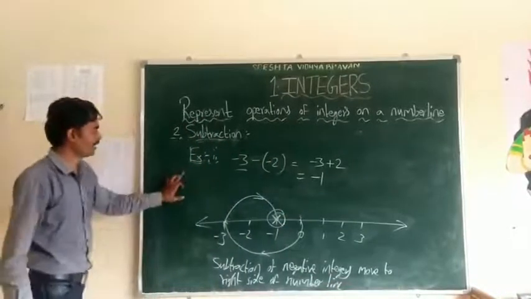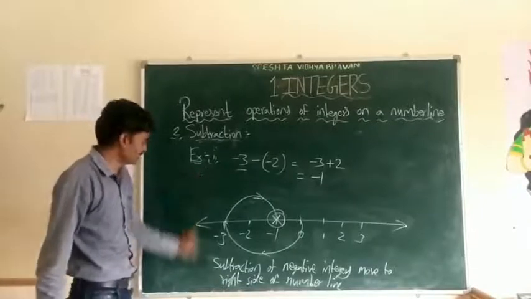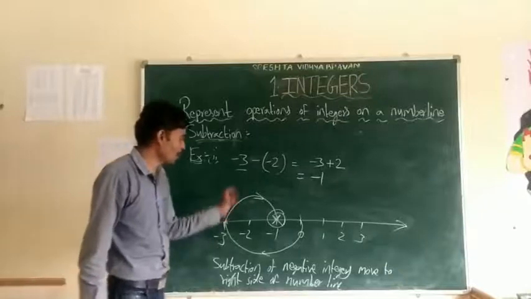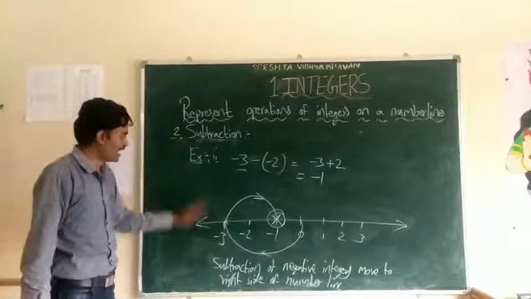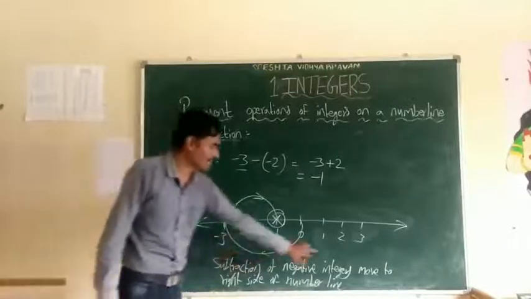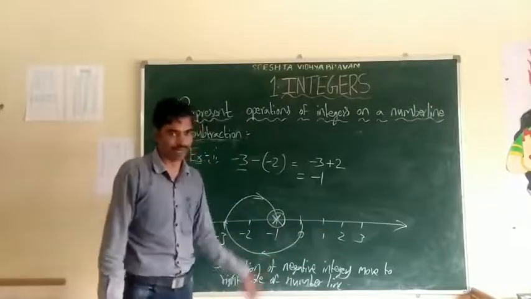By observing the first example and second example: in the first example, we know that the subtraction of positive integers moves to the left side of the number line, and in the second example, we have to observe that subtraction of negative integers moves to the right side of the number line.